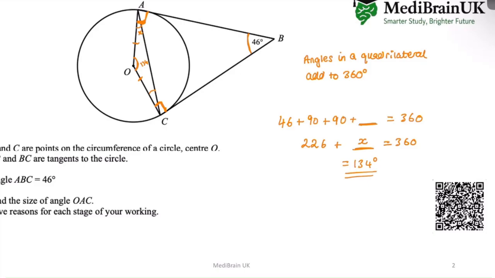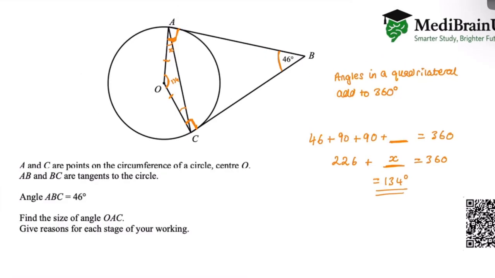Okay, so we've worked out angle AOC. Now, if we draw out that triangle once again, we can see that we have this triangle. I've just drawn out that triangle that you can see. We know that the top angle over here is 134 degrees. We need to work out what this angle is to the left. But we know that both of these angles, because it's an isosceles triangle, are the exact same.